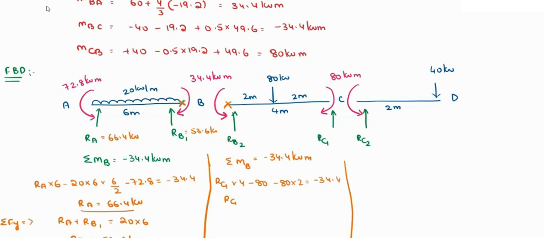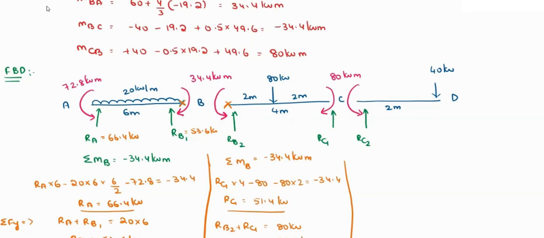So now RC1 will be equal to 51.4 kilonewton. Now RB2 plus RC1 will be equal to 80 kilonewton. So from this RB2 will be equal to 28.6 kilonewton.